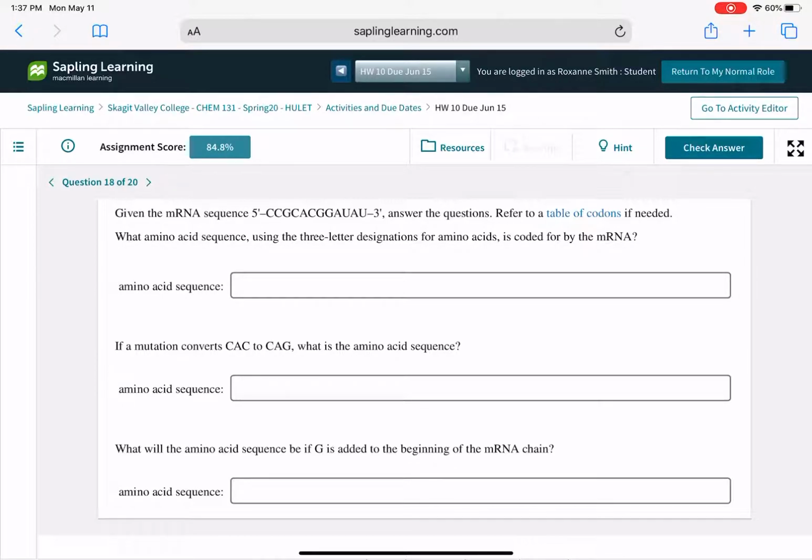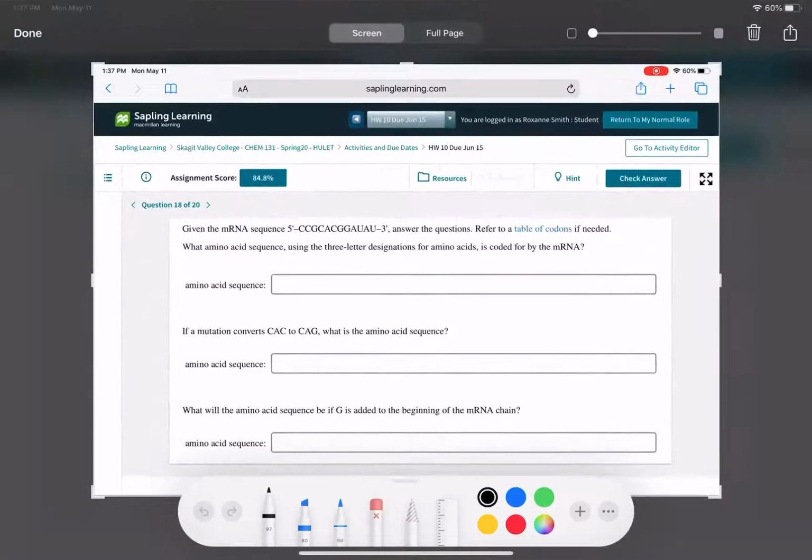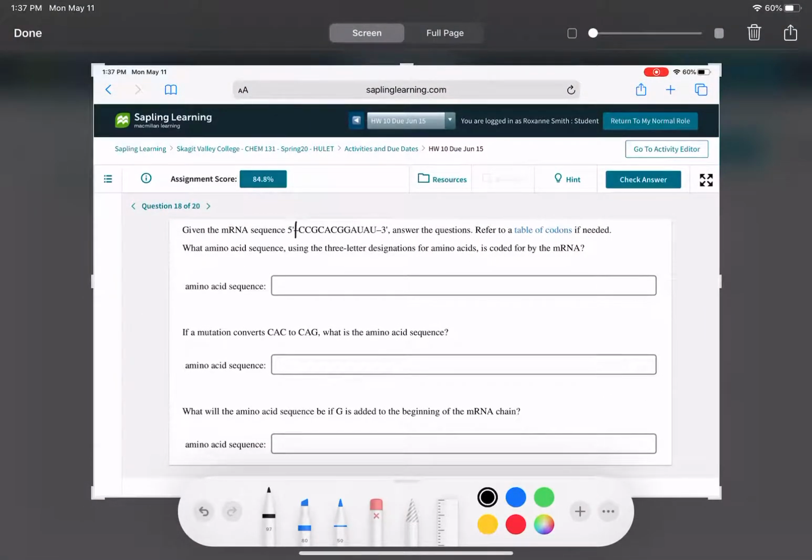Again, we're skipping the tRNA because the amino acids are read directly based on the codons in the mRNA. So we're looking up CCG, CAC, GGA, and UAU directly.